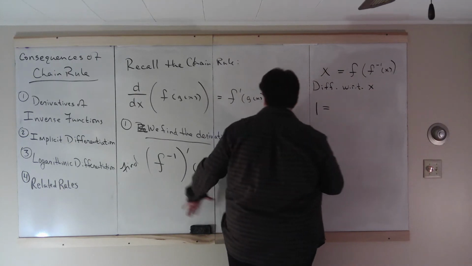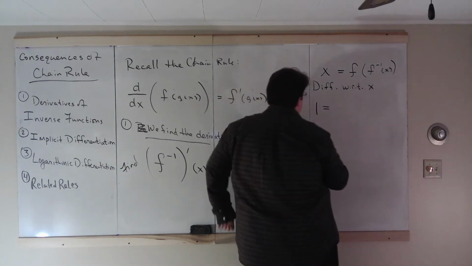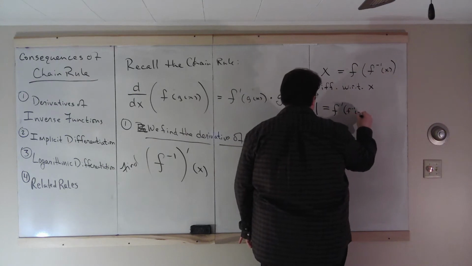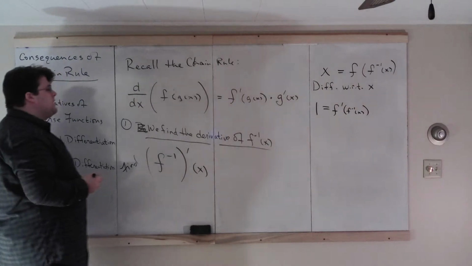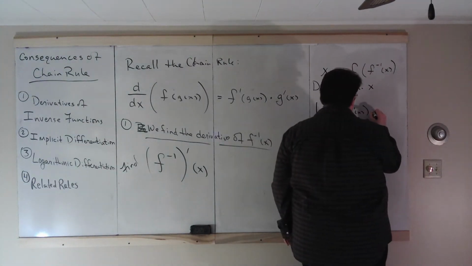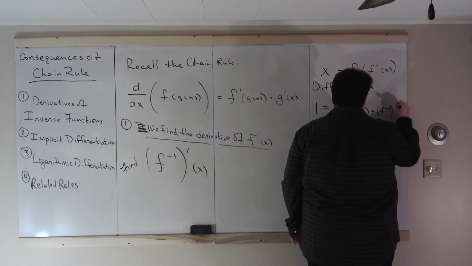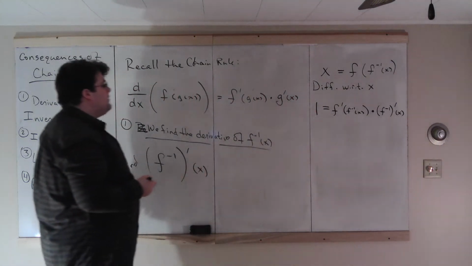Well, it's a composition, so we'll get a formula like this. Derivative of the outside times derivative of the inside. Derivative of the outside, f prime of f inverse of x. So take the derivative of the outside function, leave the inside alone, then multiply by derivative of the inside. So times the derivative of f inverse of x.